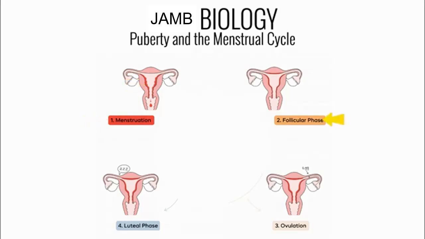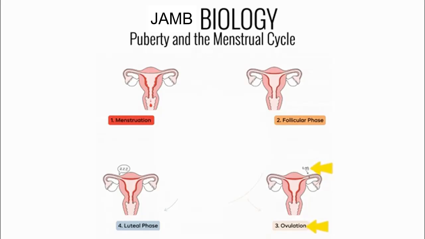In stage 2, the uterus lining builds up again, from day 4 to day 14, into a thick spongy layer full of blood vessels, ready to receive a fertilized egg.